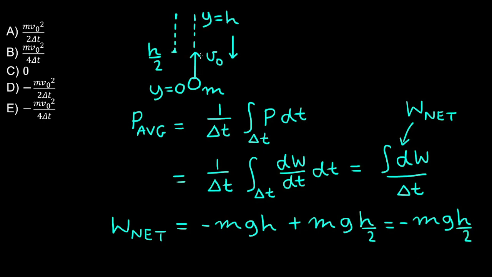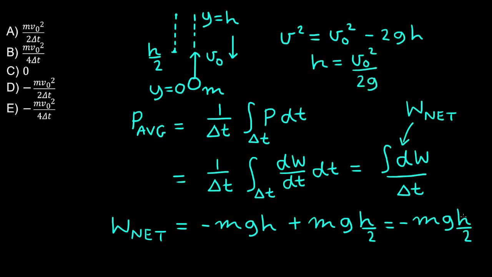And we can find h using the following kinematic equation. So we have v squared is v0 squared minus 2gh. So the speed at the top of the trajectory is 0. So we end up with h is v0 squared on 2g.